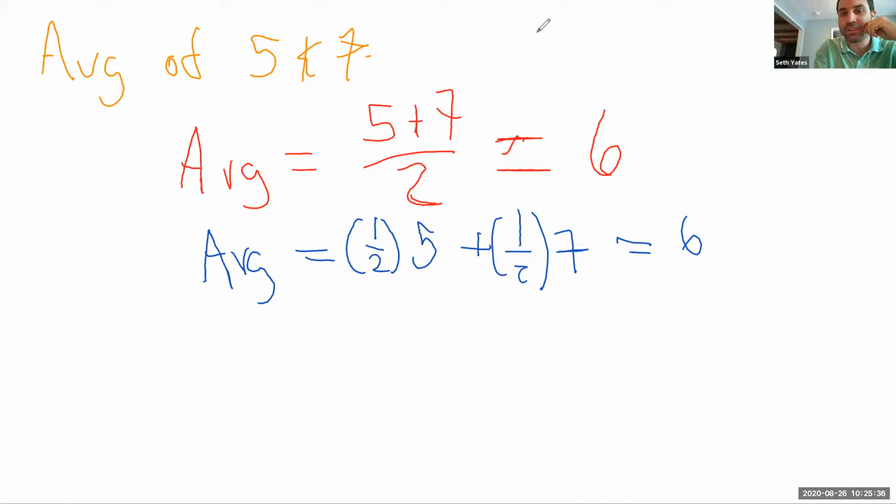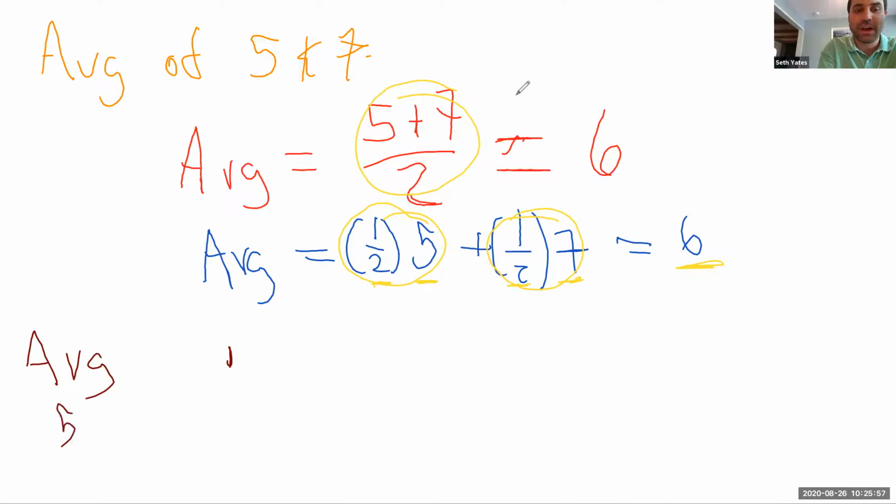In words, there are 2 values, 5 and 7, and each one is going to contribute half to the final answer. So rather than adding them both up and dividing by 2, you could take half of this number and add it to half of this number, and that would give you your average. If there were 3 values, it would work the same way. Let's say we were taking the average of 5, 6, and 7. Each one would contribute 1/3.